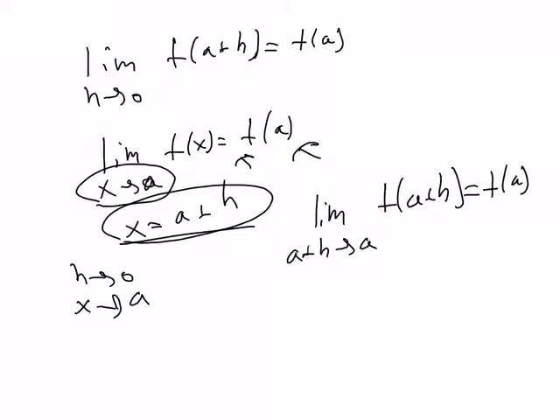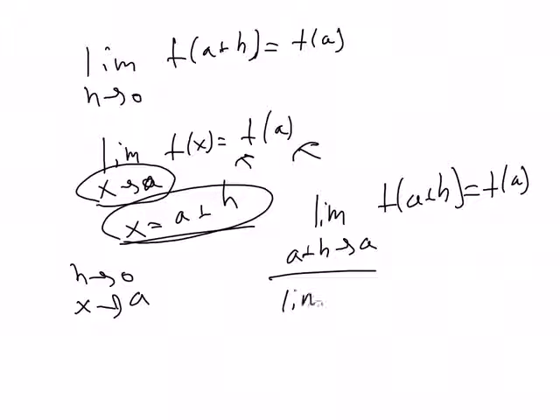This is just replacing every time you see an x by a plus h. But this is an equivalent statement to saying, if a plus h is going to a, all we really want, we can take a negative a from both sides.